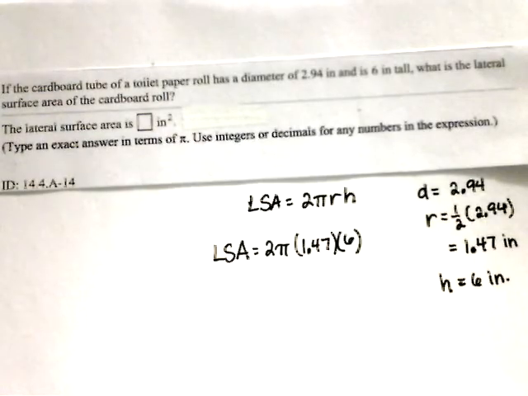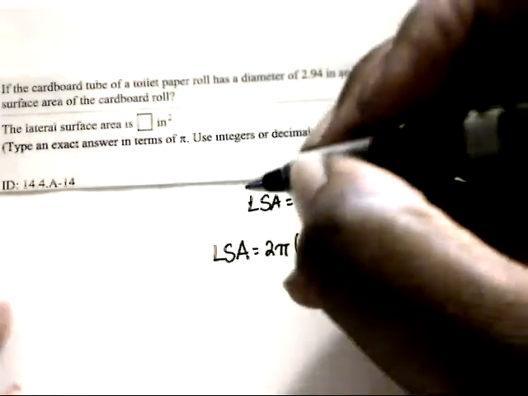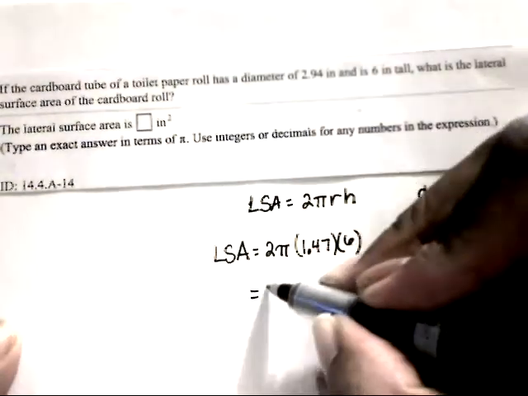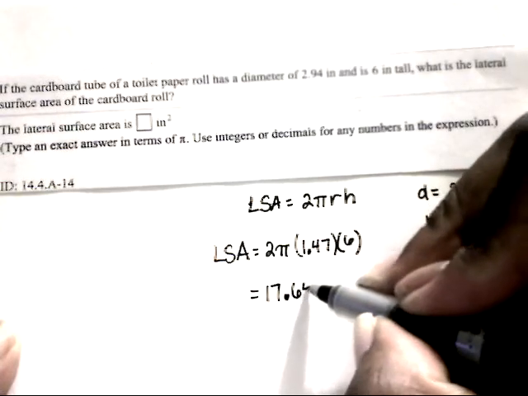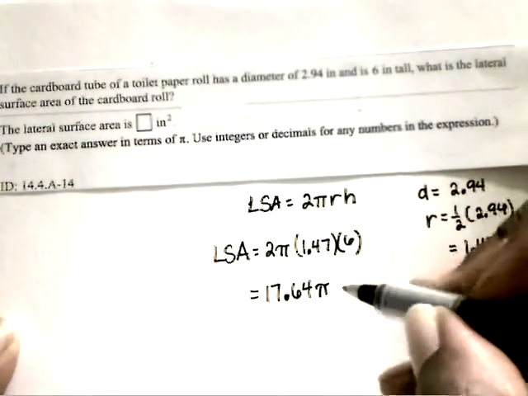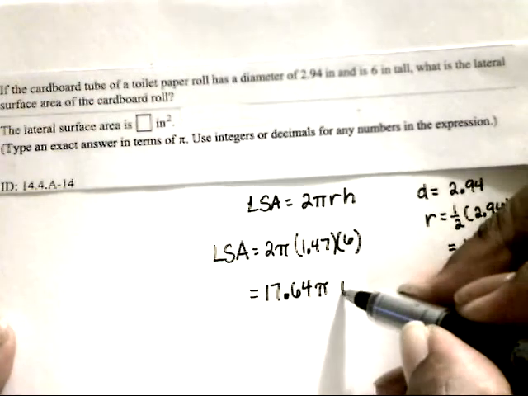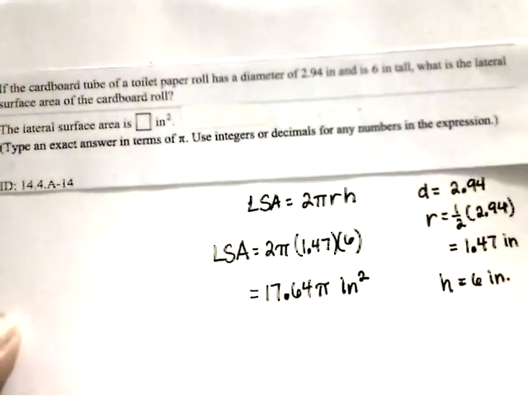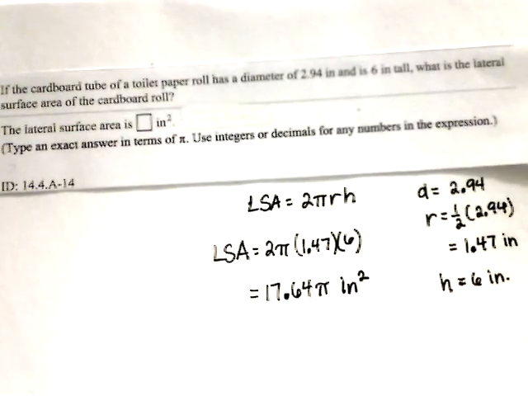And that will be the number in front of pi, which is 17.64 pi. And that unit will be in square inches, because area is always in square units. So the lateral surface area for this cardboard tube of toilet paper will be 17.64 pi square inches.